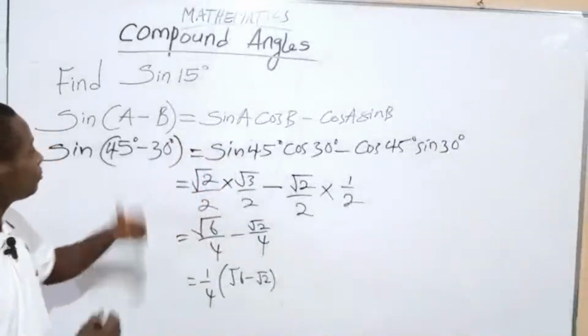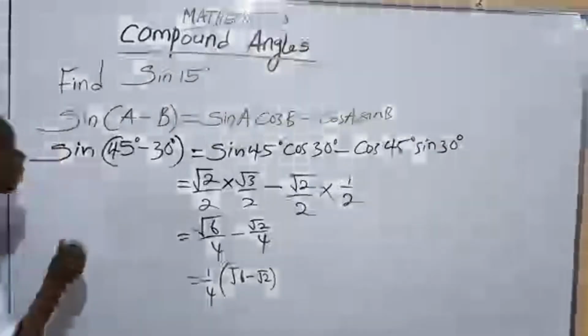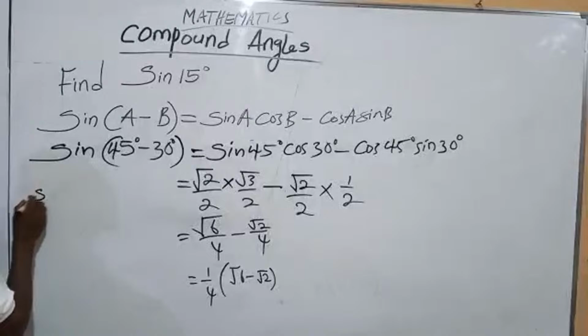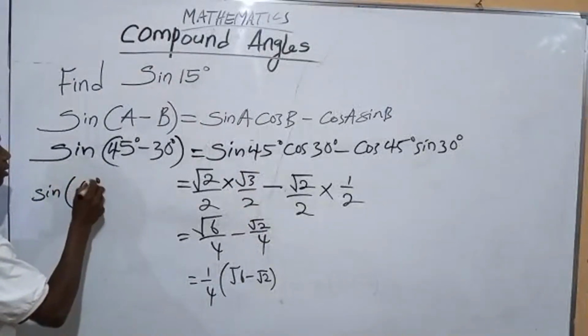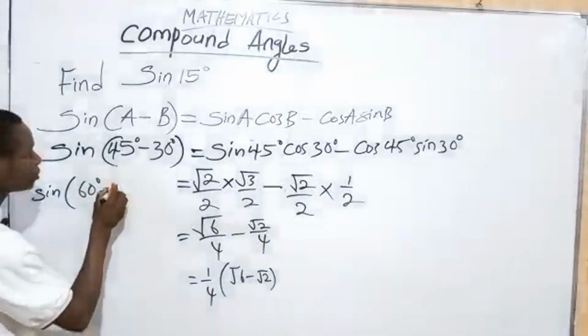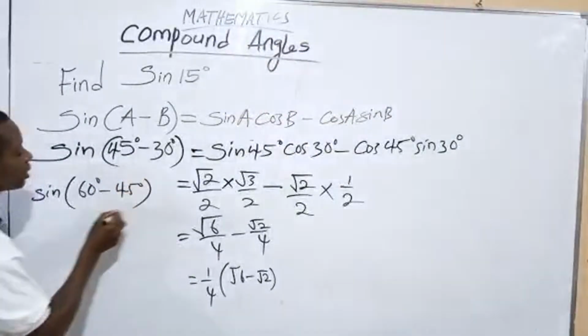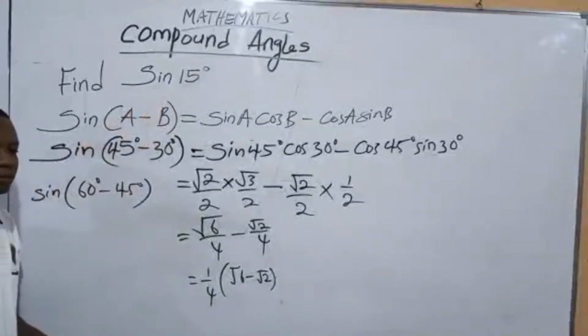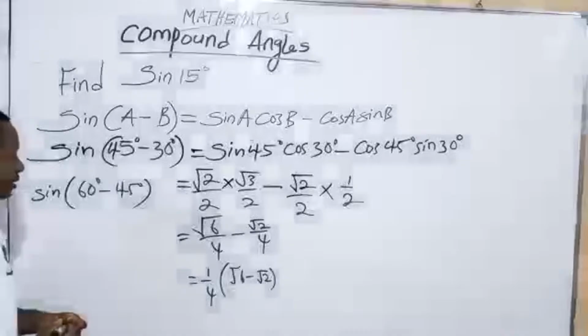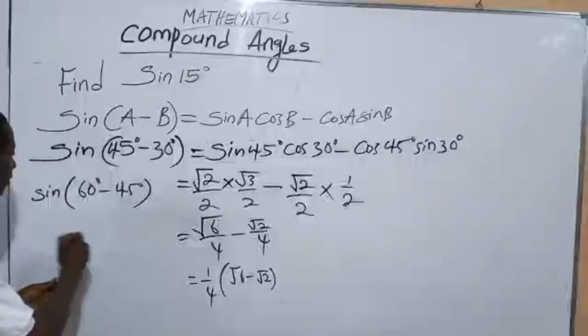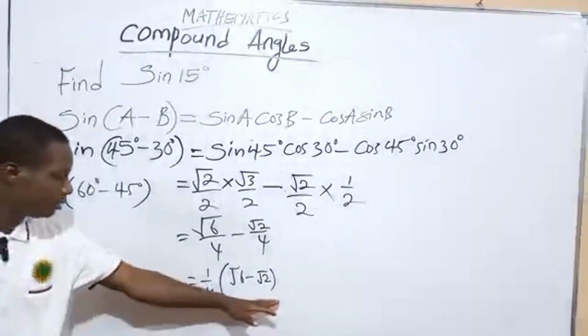Now we are going to use another method. Let's use sine 60 degrees minus 45 degrees. You know, this is also 15. Yes, use this. Let's see. Yes, just try it. Do this particular one. Let's see what we're going to get. It should give you this.